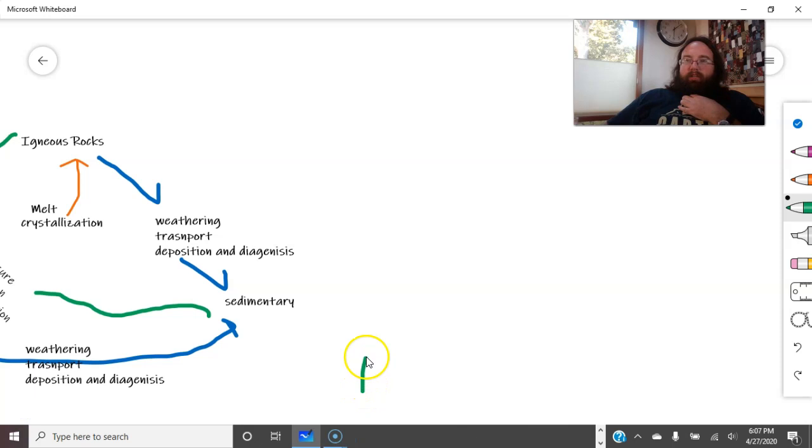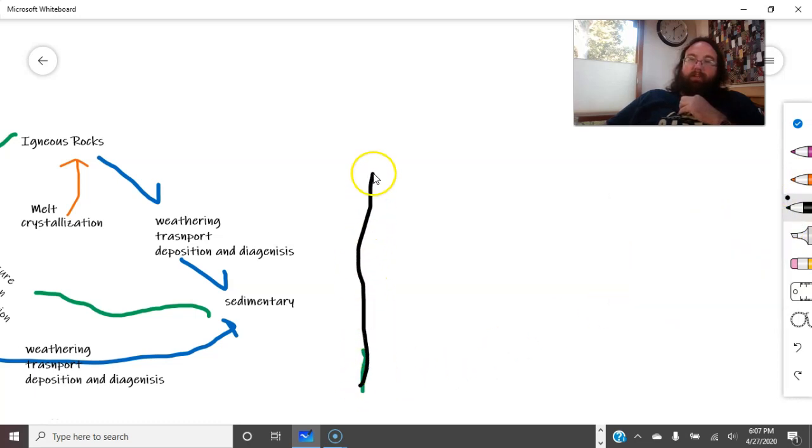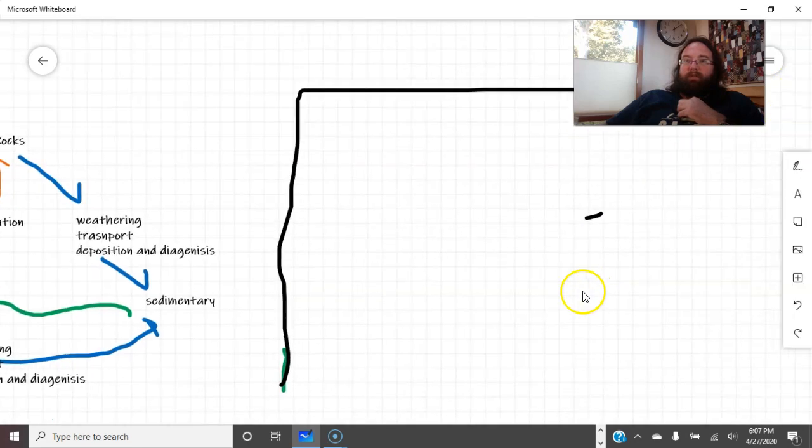So what I'm going to do on the whiteboard here is do a diagram of pressure and temperature and show you what kind of metamorphism takes place and what kind of rocks form at different temperatures and pressures.